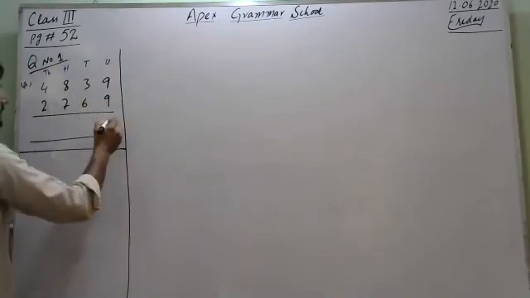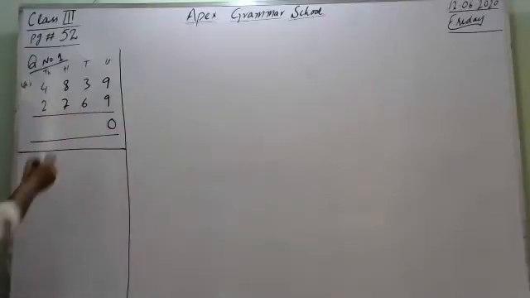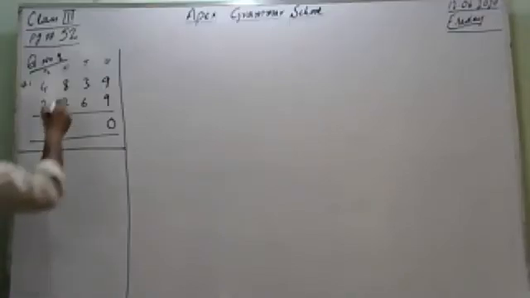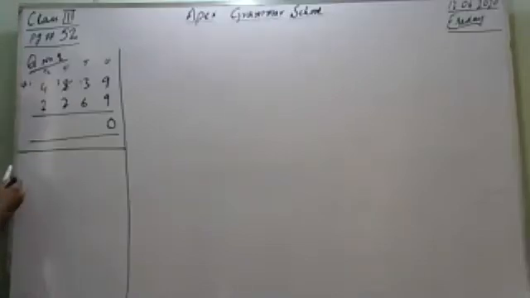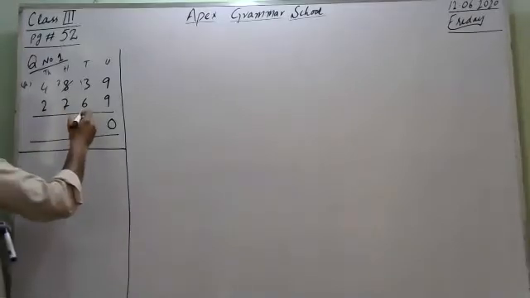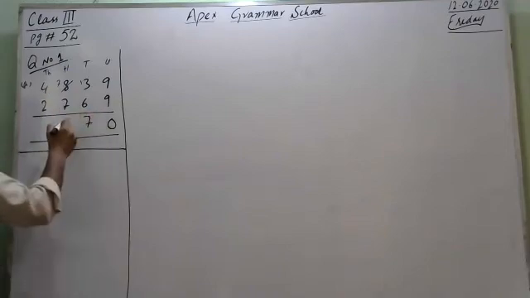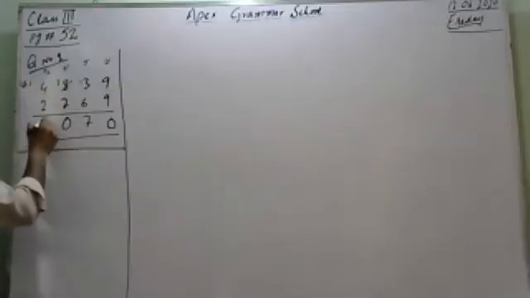Nine minus 9, 0. Now 3 is smaller and 6 is greater. So we will take carry from the previous one, which is 8. 8 will become 7 and this becomes 13. 13 minus 6, 7. 7 minus 7, 0. 4 minus 2 is 2.